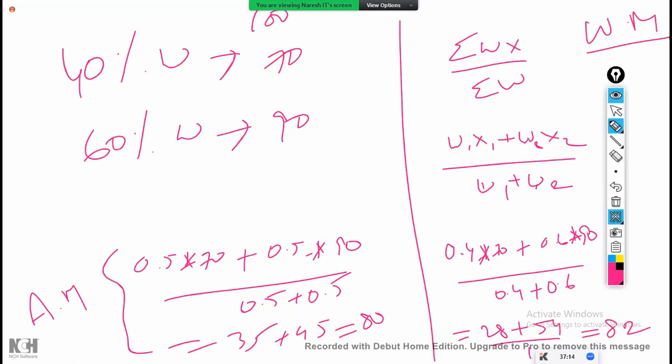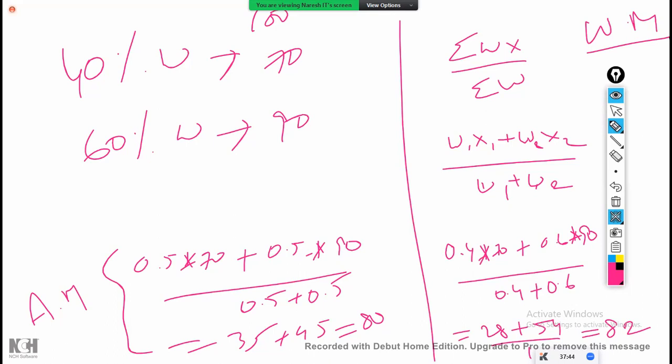For example, in an interview, Python has 30% weightage, machine learning has 50% weightage, and SQL has 20% weightage. Since the three have different weightages, you can't combine them and apply the arithmetic mean. In that case, we have to go with the weighted average.